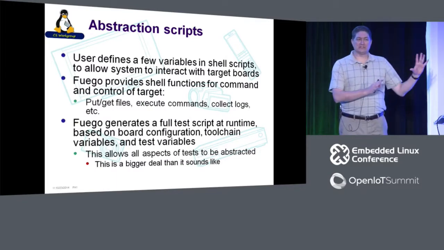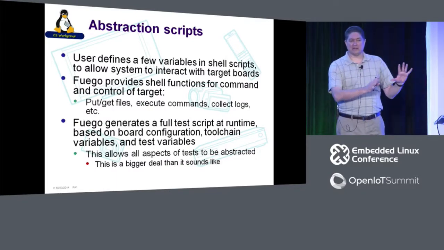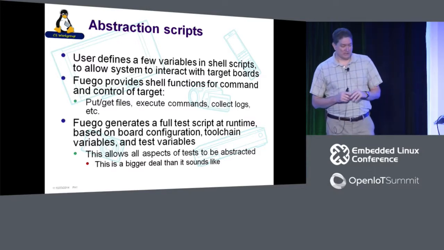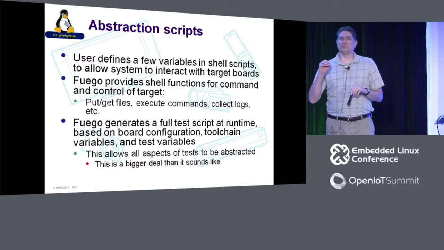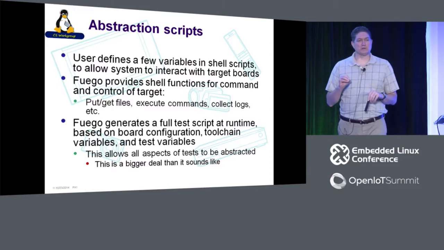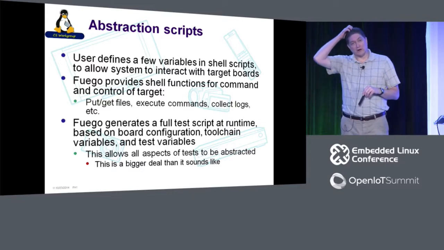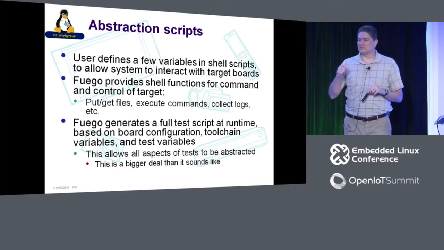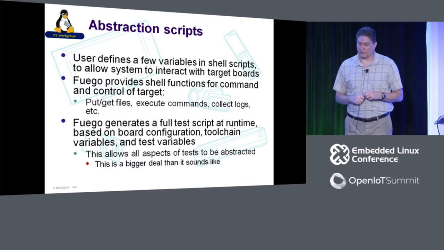In addition to Jenkins, which is the front end and the launcher, behind the scenes we have a set of abstraction scripts. One of our goals is to make it super easy to use Jenkins or Fuego for your project. So we wanted you to be able to customize the system just by adding a few shell variables that tell the system how to communicate with your board.